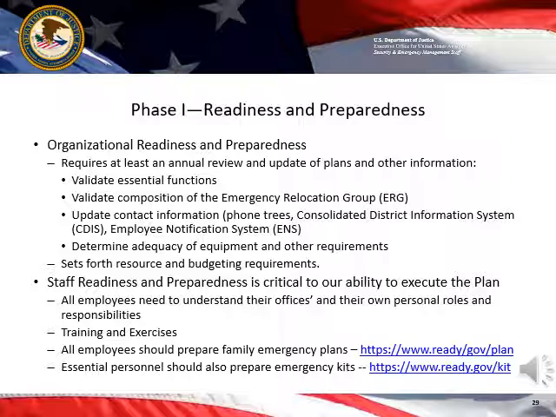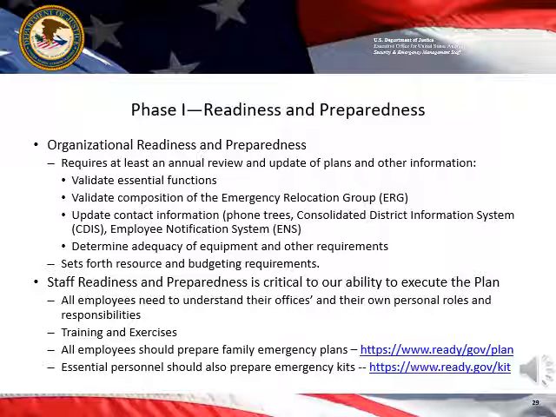For organizational readiness and preparedness, EOUSA conducts readiness and preparedness activities to ensure its personnel can continue essential functions in an all hazard risk environment. For a catastrophic event in the National Capital Region, EOUSA follows the guidelines outlined in the Continuity of Government Readiness Conditions outlined in Federal Continuity Directive 1.